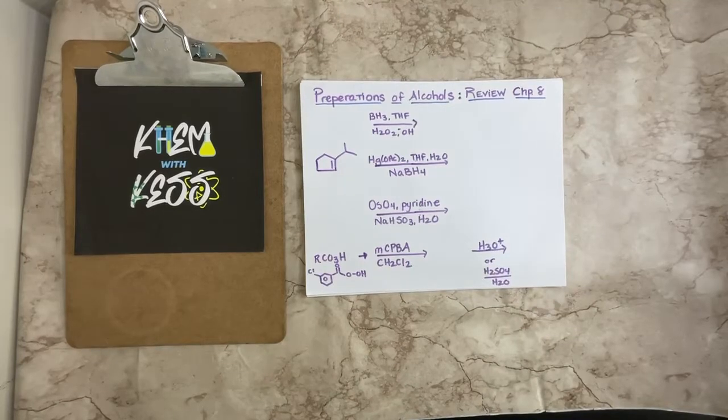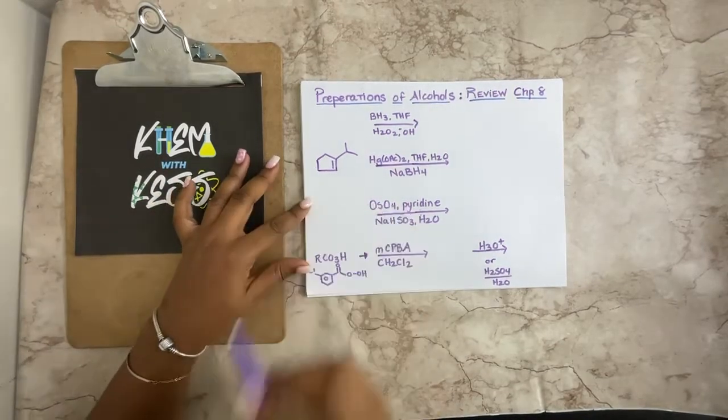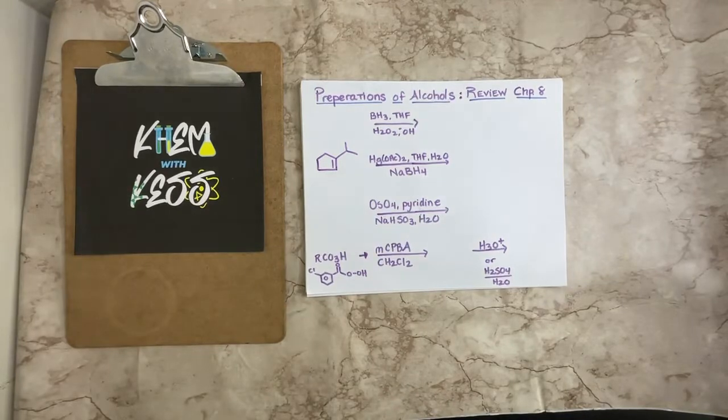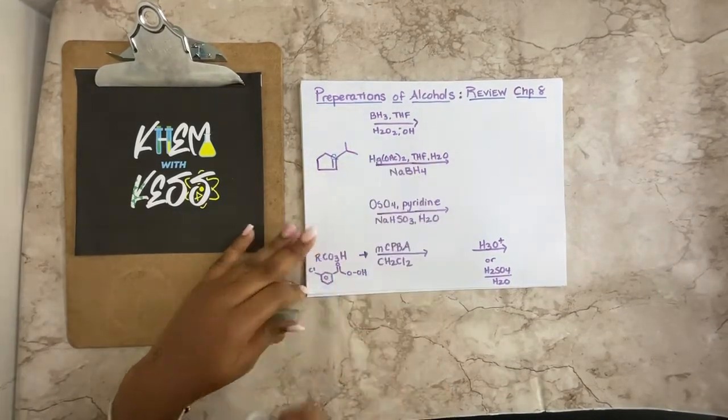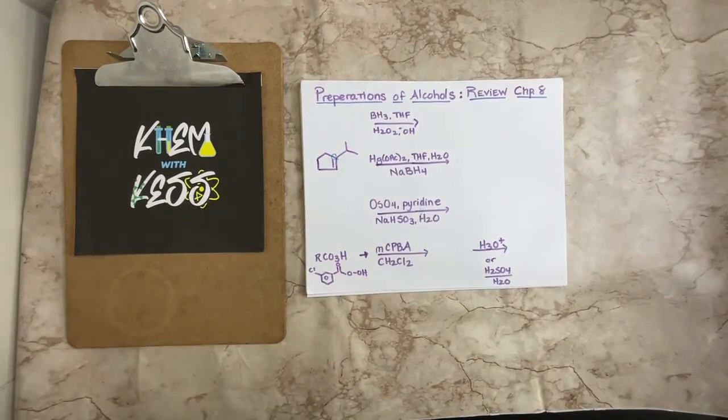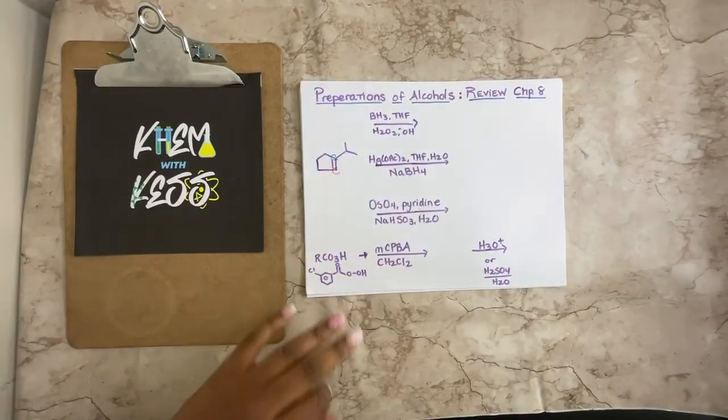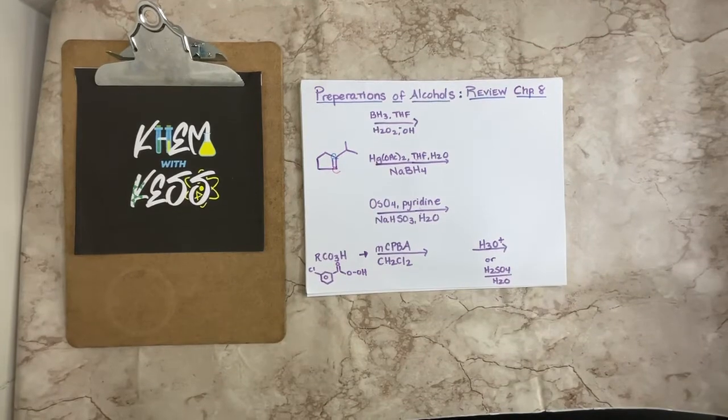All right, let's talk about the preparation of alcohols and reviewing chapter 8. So this is when you started off with an alkene. When you start with an alkene, you're dealing with two major carbons. I'm drawing them in different colors just because I want to use my markers, okay? Great.